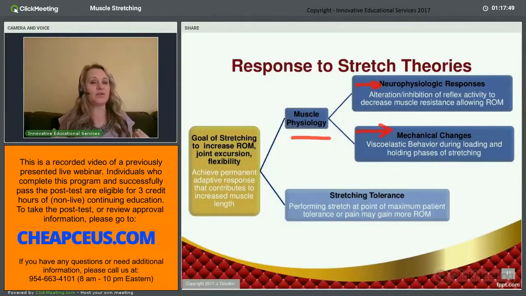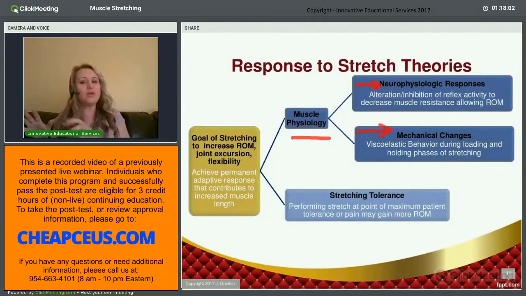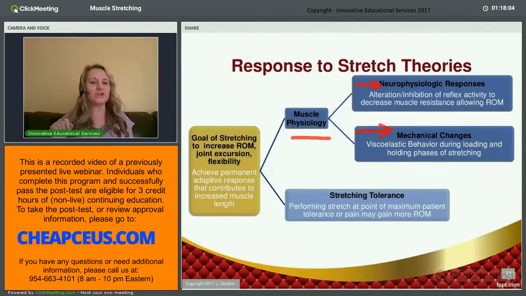And when we apply our interventions, we need to be cognizant of both these aspects so that we leverage them to be most effective. That's traditional, right? That's a scary flashback to physiology from school. We're going to look at them based on the current research.